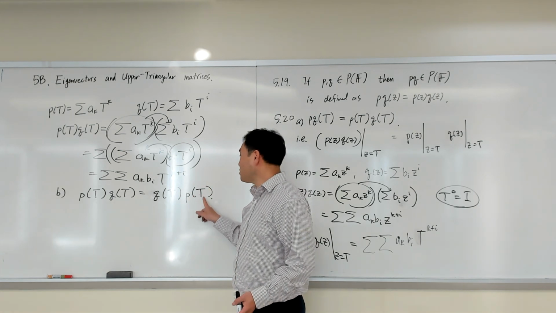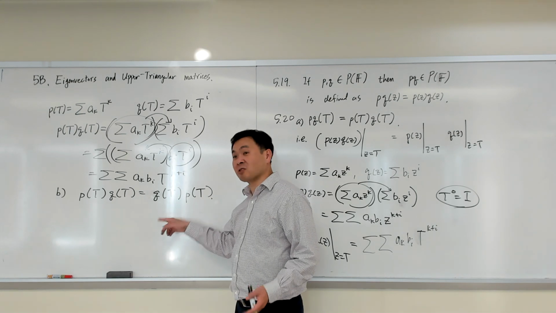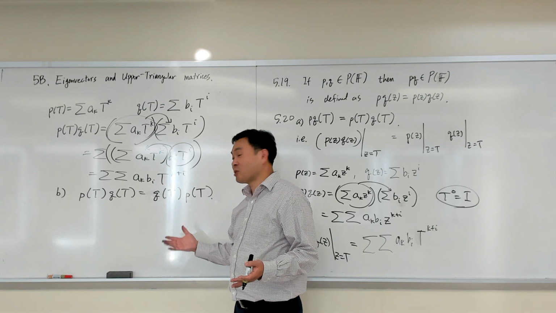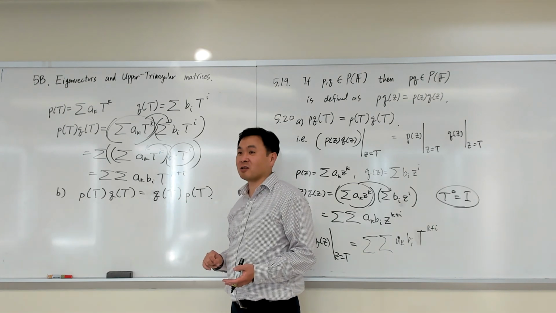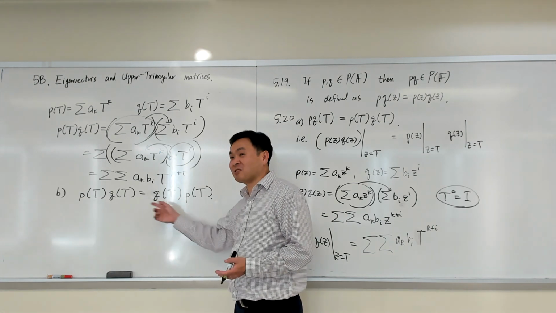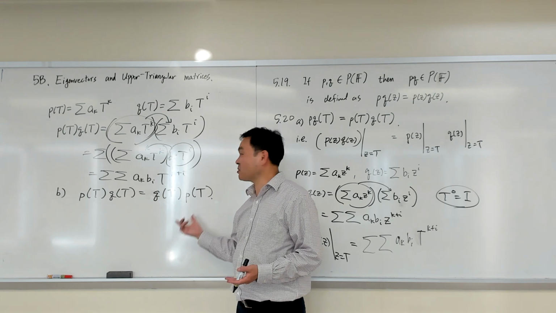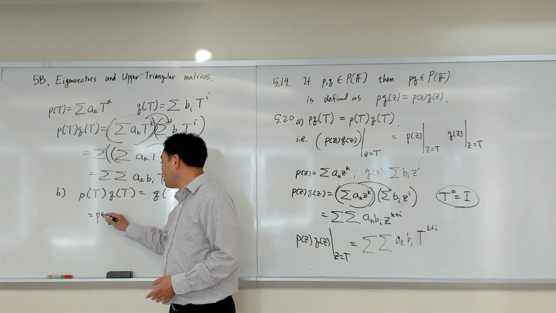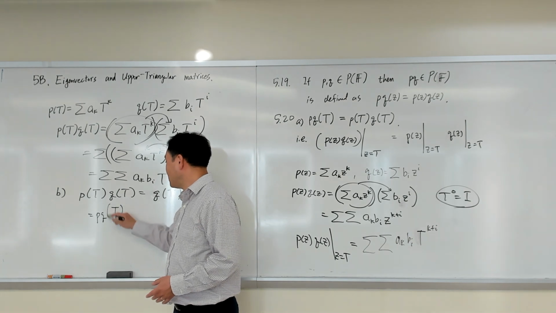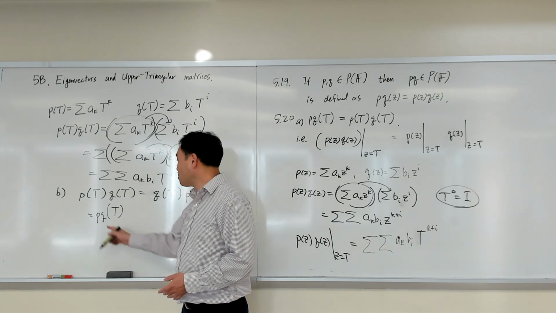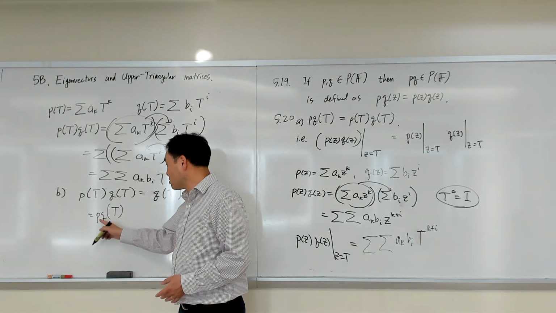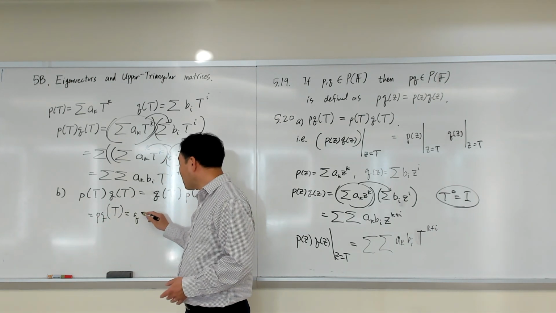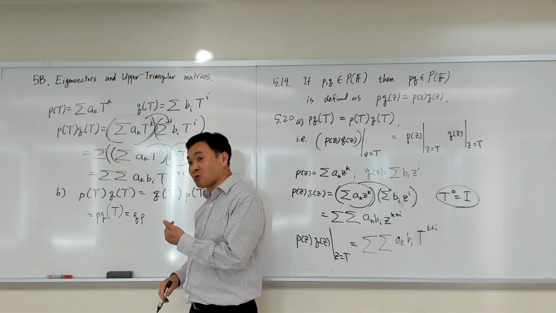See, P of T is an operator, Q of T is another operator. They are distinct operators, right? But they commute. So if you view it that way, this is slightly less trivial, right? But this is true because this is the same as (PQ)(T), where PQ is a polynomial multiplication, and in the world of polynomials, of course, two polynomials commute in multiplication.